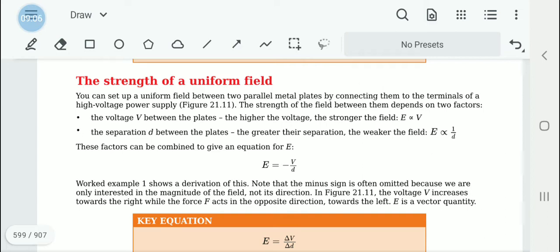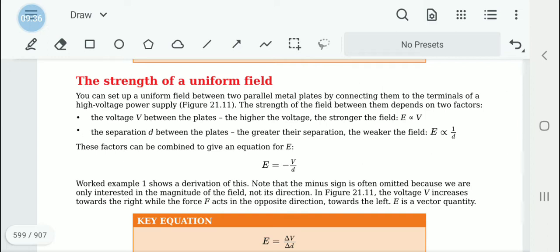Then we realize that there are two factors that decide the strength of the field. The first one is the voltage V between the plates. The higher the voltage, the higher the strength of the field. So the field strength E is directly proportional to V.